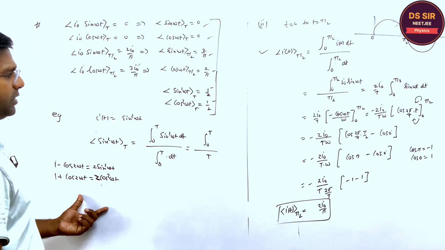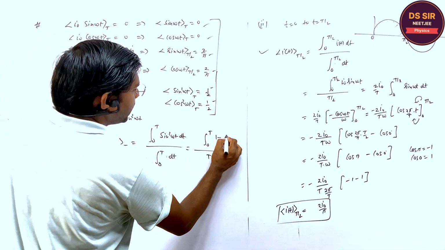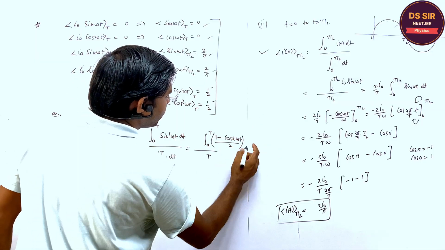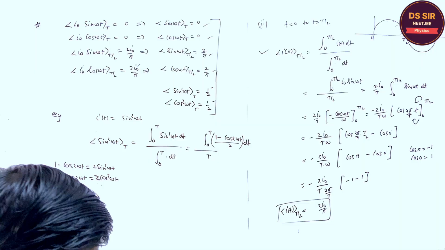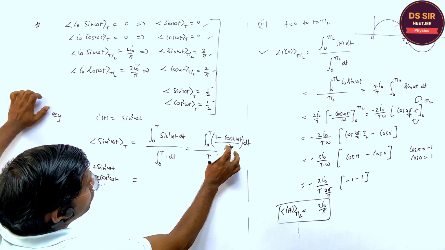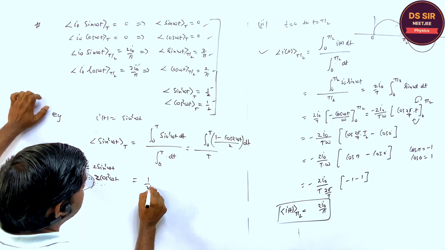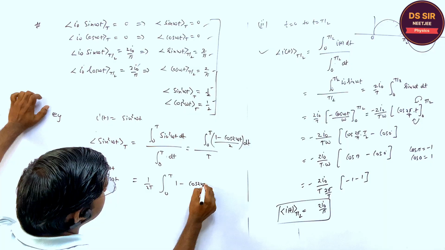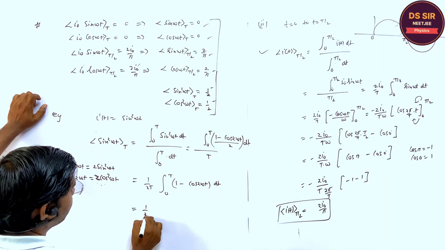So in place of sin square omega t, you may write (1 minus cos 2 omega t) by 2, dt. This is the way to find the integration. So this is 1 upon T, integral from 0 to T of (1 minus cos 2 omega t) by 2 dt.